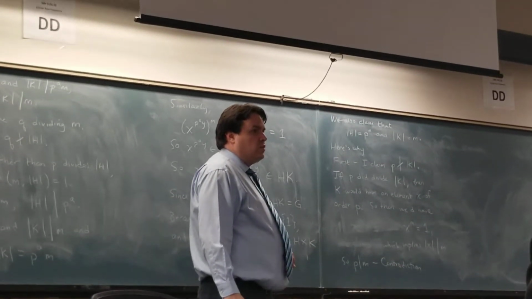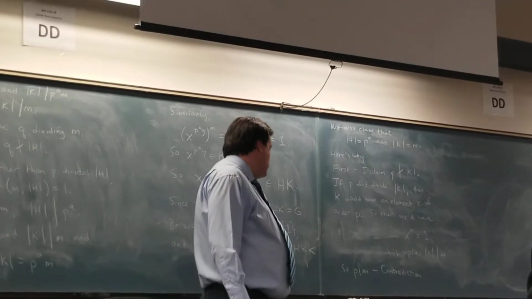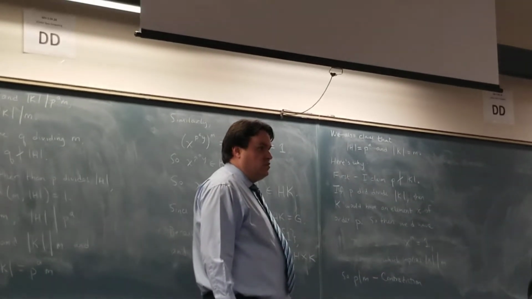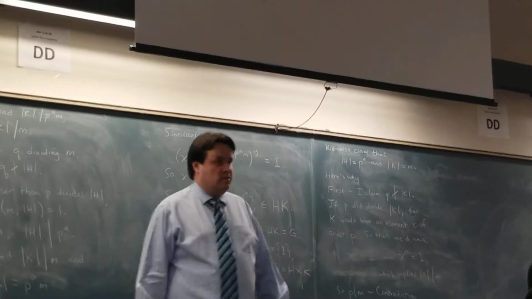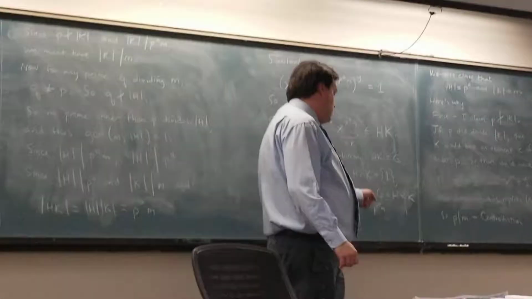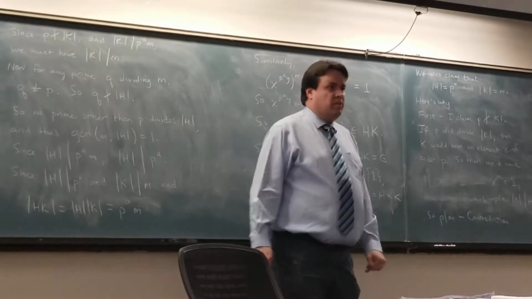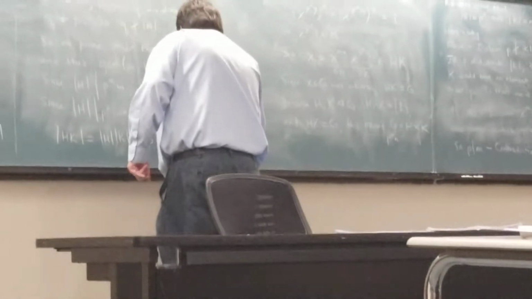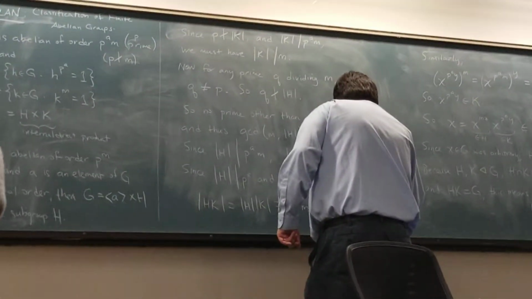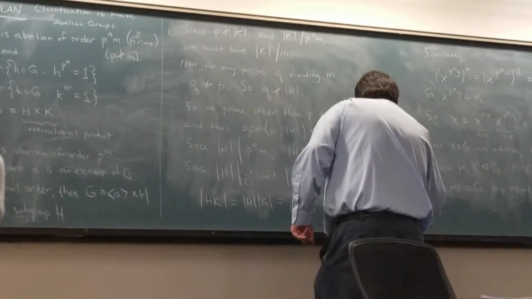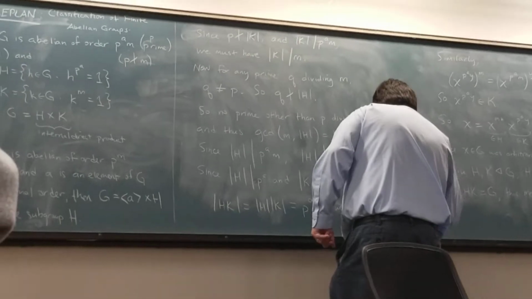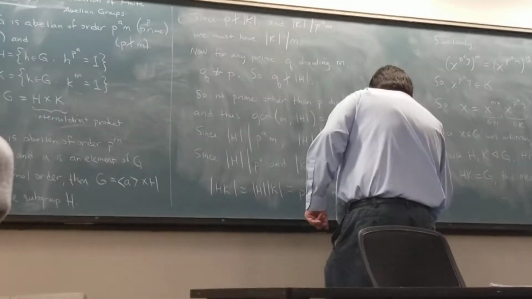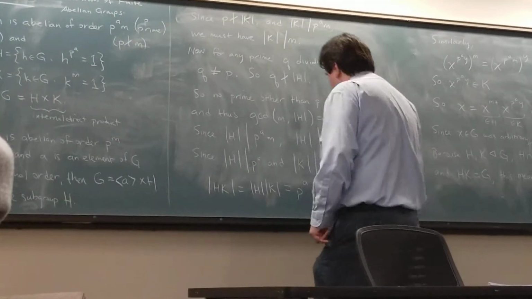What's the only way we're going to have two numbers, one dividing p to the a and one dividing M, that multiply to p to the a times M? We must have the order of H equals p to the a, and the order of K equals M.